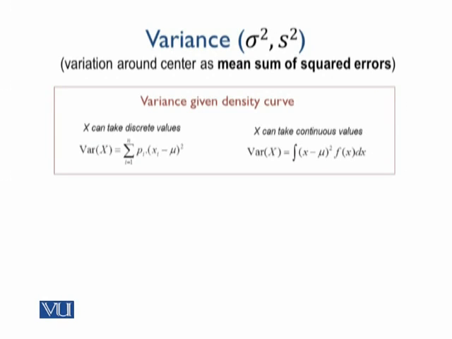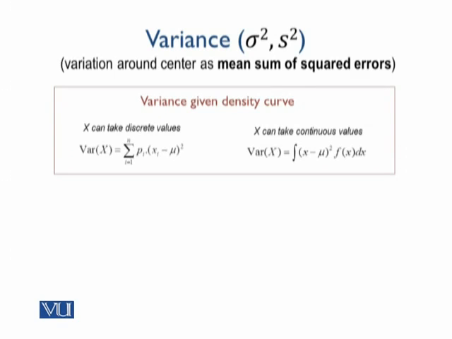Variance can be defined as the mean sum of squared errors. So usually the value would not occur exactly on the center. It would be a little far away from the center, and we can call this difference as the error. So we take the sum of errors for all the variables and then we square it.